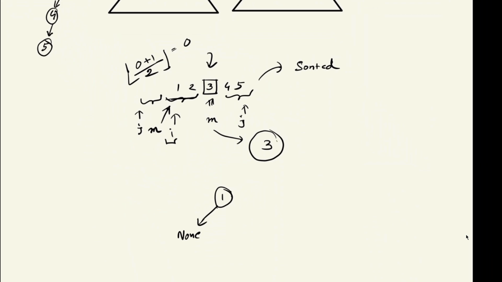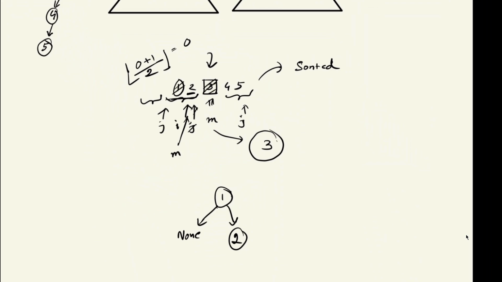Now for the right part, which is 2, let's remove all this thing, our i would be here, our j will also be here, and as a result our m will also be here. So the right part of this root node should be 2, and after 2 we will again move this j pointer to here, and now we have nothing in the left, because this is already our root node.